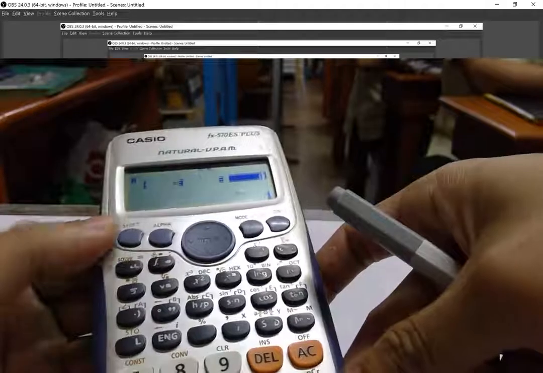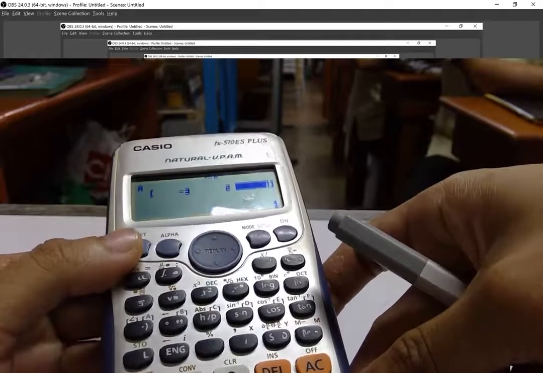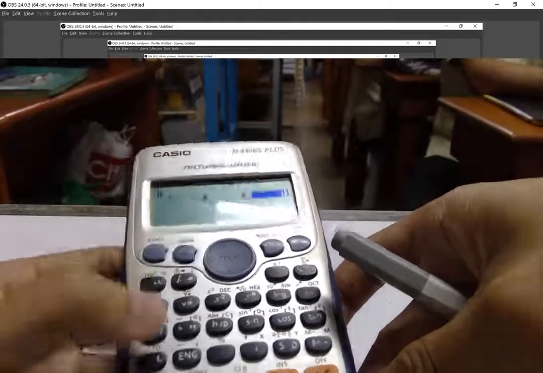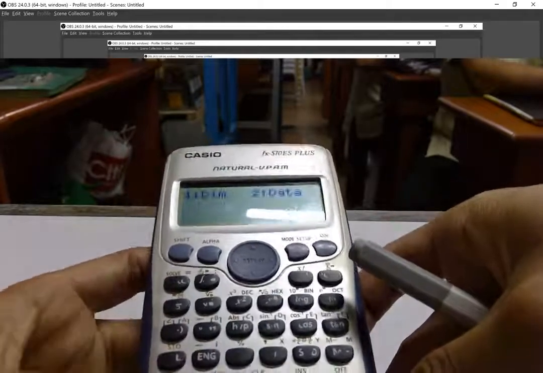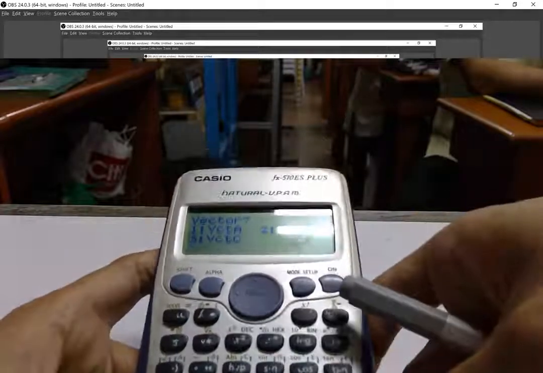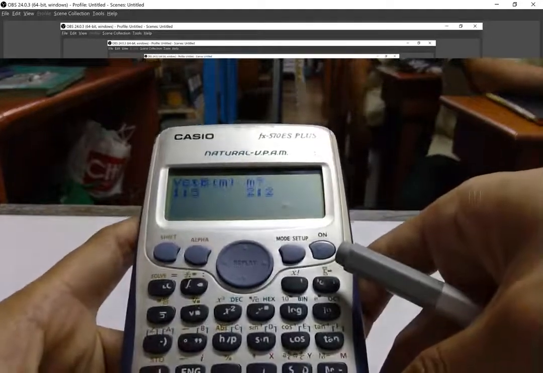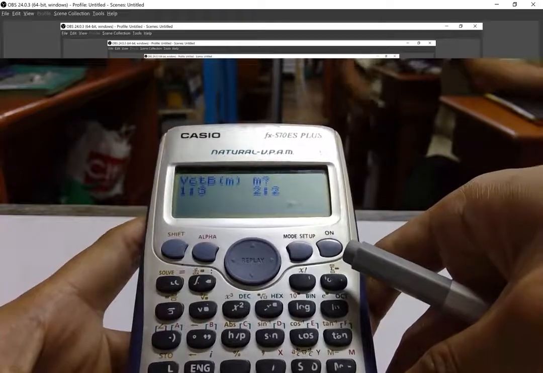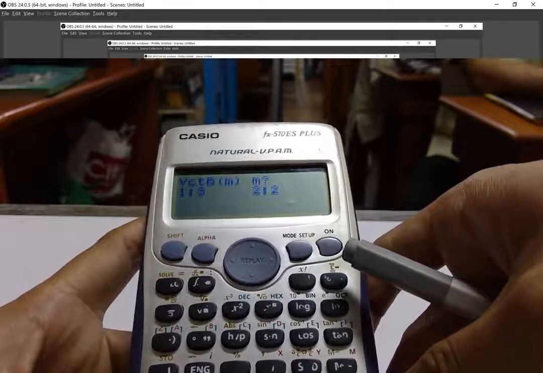And then if you want to change to vector B, shift vector, then dimension, then press 2 for vector B, and then 1, 3 coordinates.